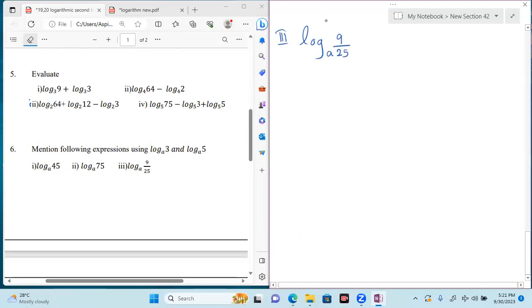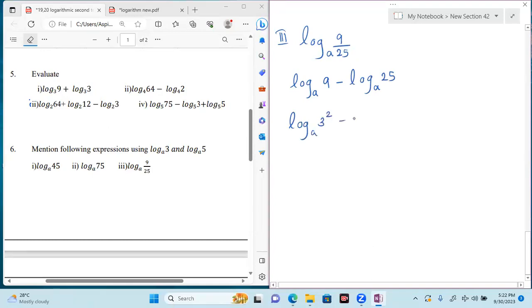Then here, look, we can express this. Here it is a division now, so you have to express it as a subtraction or difference of two log terms. Then we have to express this in logarithm of 3 to the base a and logarithm of 5 to the base a. So 9 can be expressed as how? 3 to the power of 2.